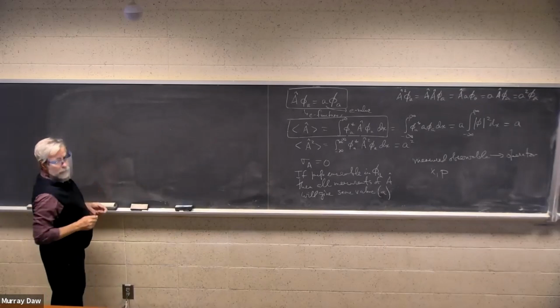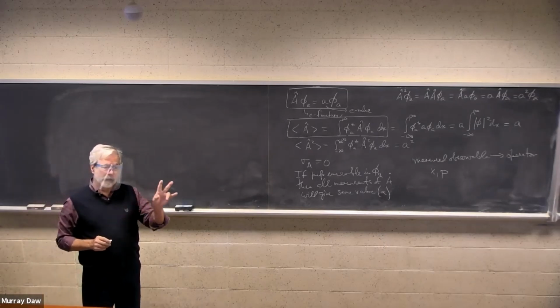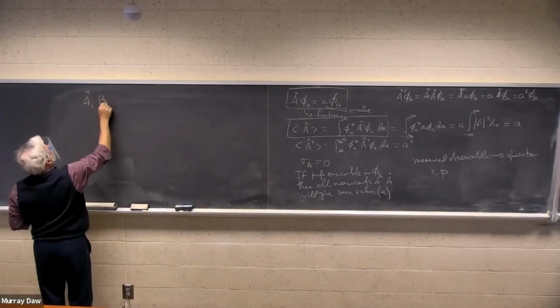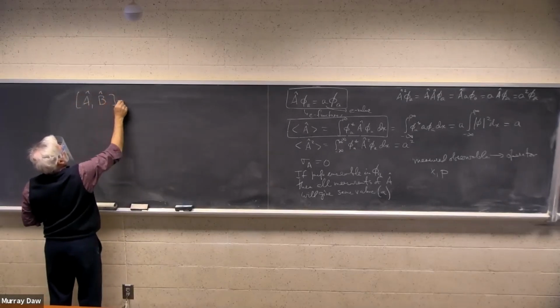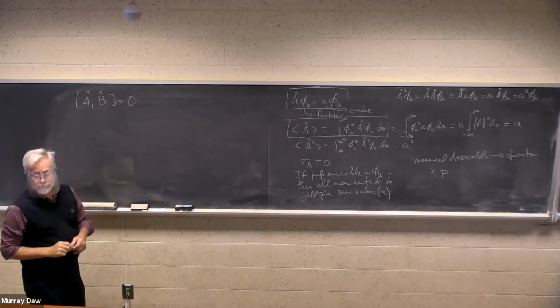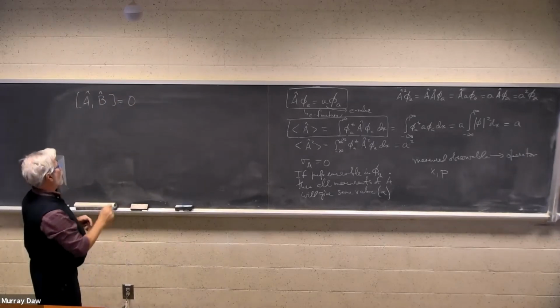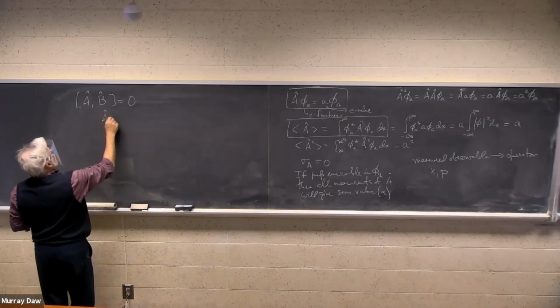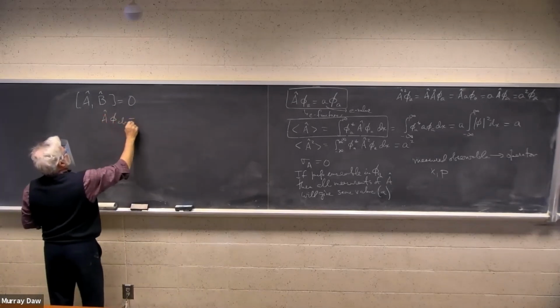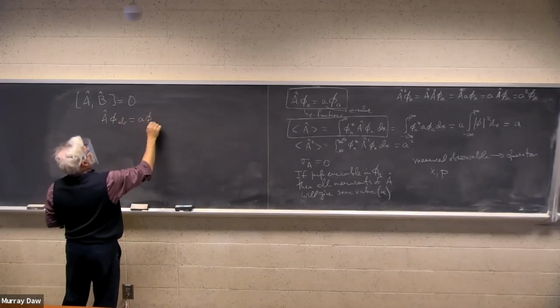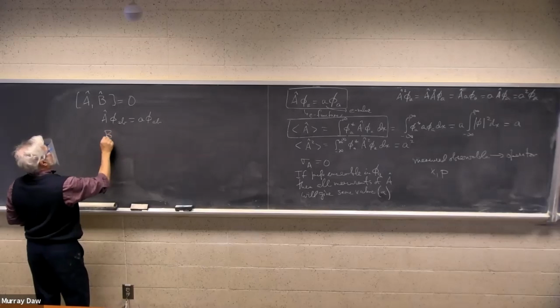Now let's suppose we have a pair of operators, A and B. Let's suppose that they commute. According to what I said last time, there is a set of eigenfunctions that are eigenfunctions of both operators, but with different eigenvalues.